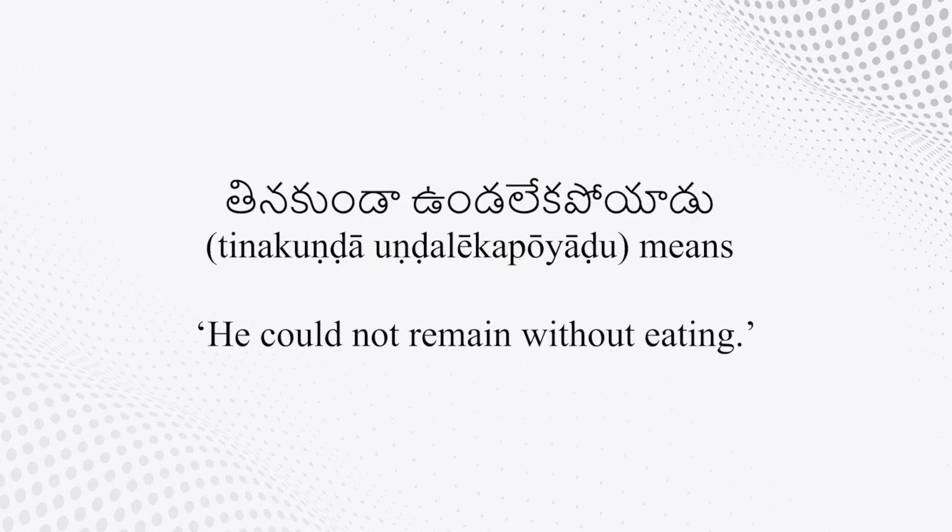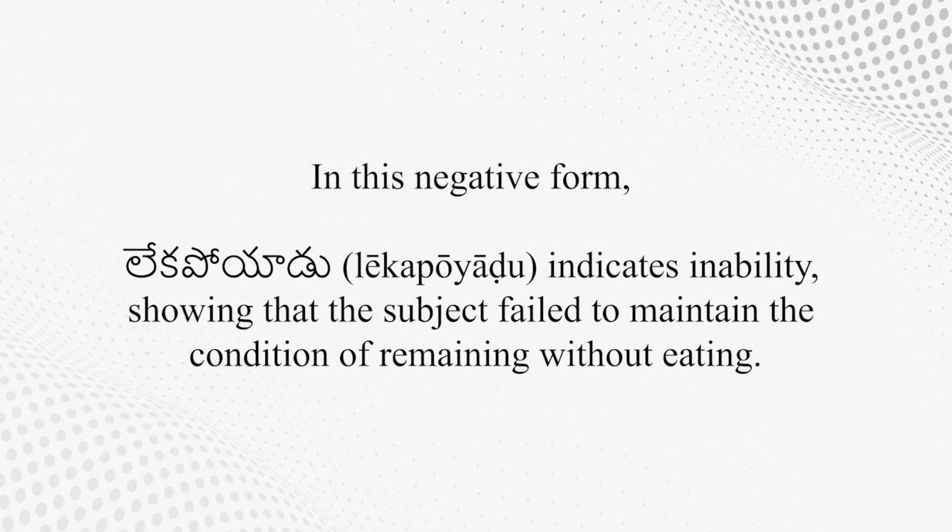Conversely, తినకుండా ఉండలేకపోయాడు means he could not remain without eating. In this negative form, లేకపోయాడు indicates inability, showing that the subject failed to maintain the condition of remaining without eating.